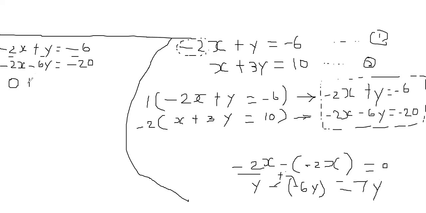Plus 7y. Last section we have here is negative 6 minus negative 20. You see, right?